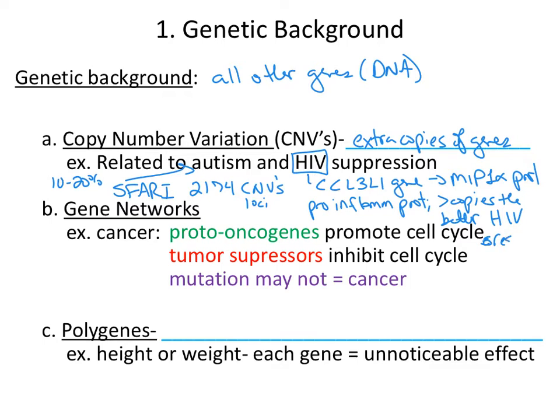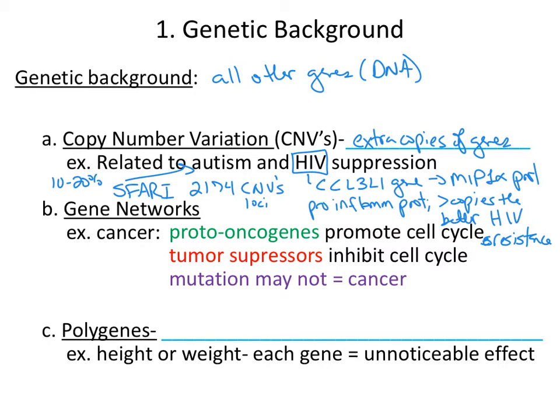So we'll say HIV resistance. Okay, there's other examples, but those are 2. So copy number variations, the more copies you have of a gene, it can affect not just expression of other genes, but whole multifactorial conditions like autism.